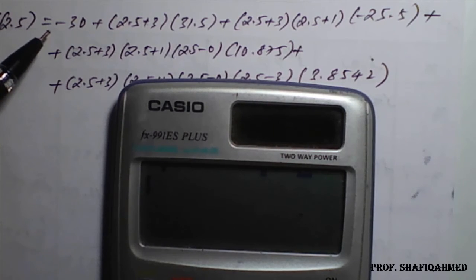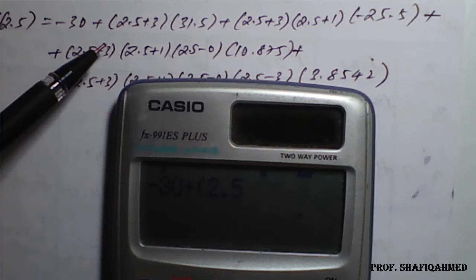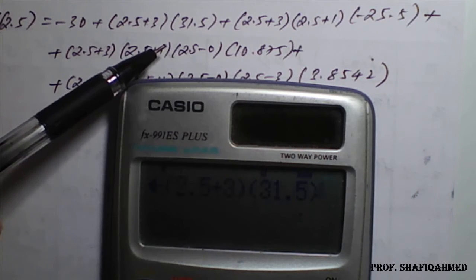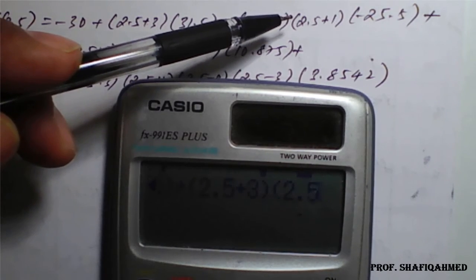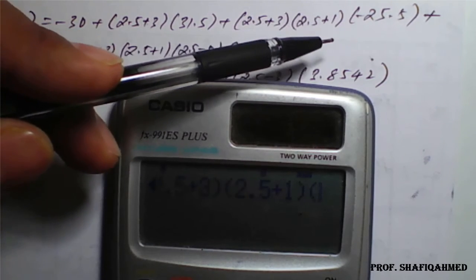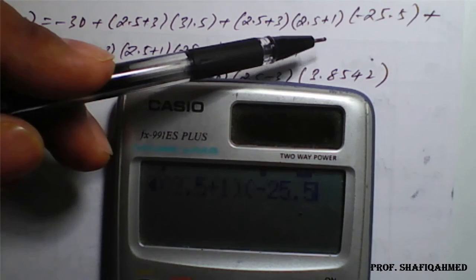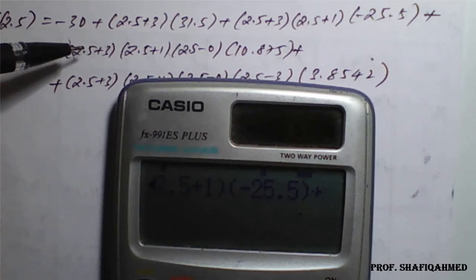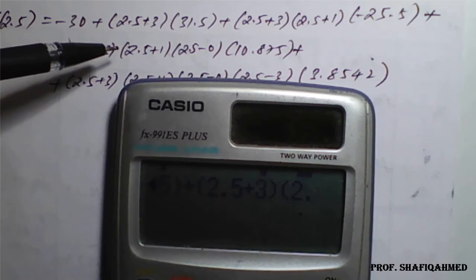That is minus 30 plus bracket 2.5 plus 3 close the bracket into 31.5 close the bracket plus 2.5 plus 3 close the bracket into one next bracket is 2.5 plus 1 into minus 25.5 close the bracket plus next term is 2.5 plus 3, 2.5 plus 1.